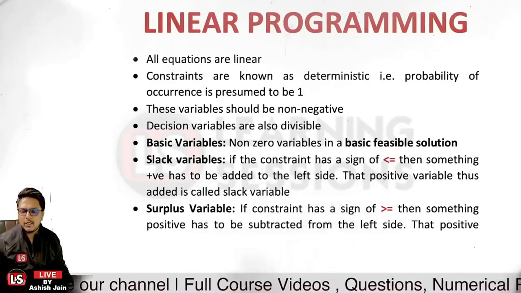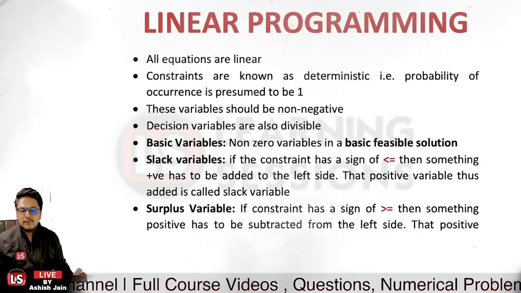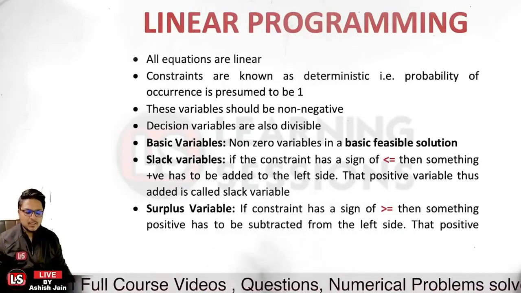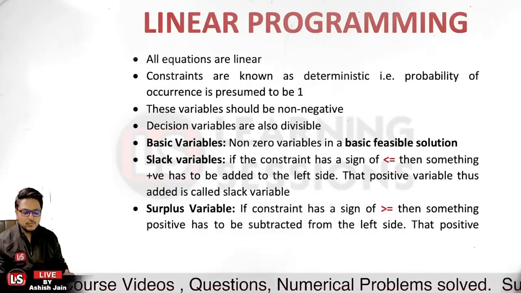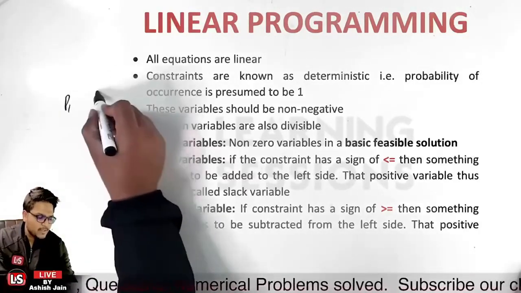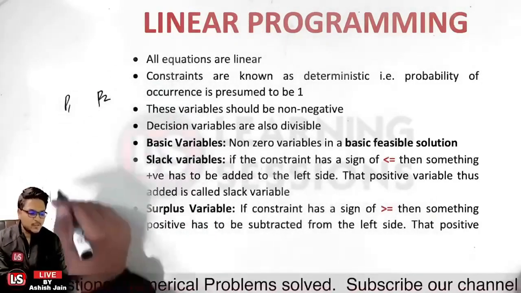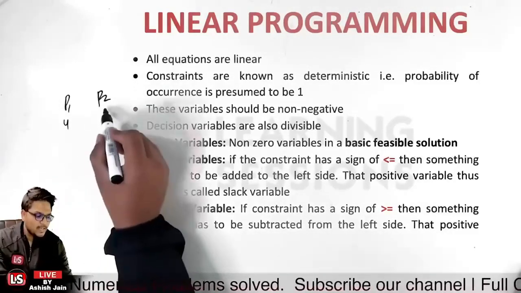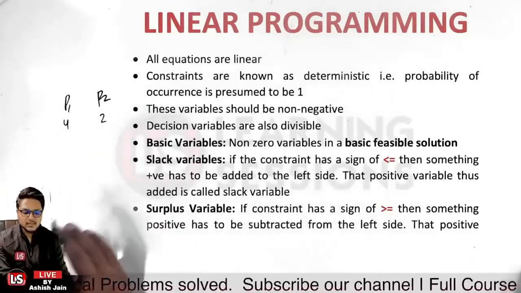And let me tell you about the basic variables. The company is producing 2 products, product 1 and product 2, say 4 products in one day of one and 2 products in the same day of the other.